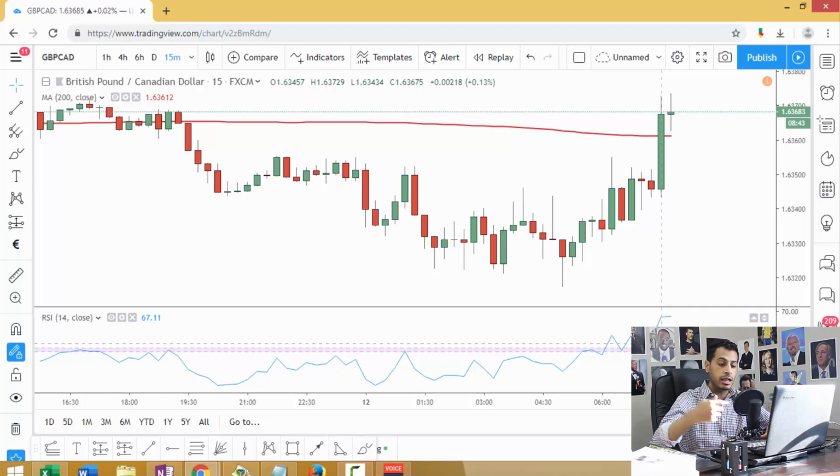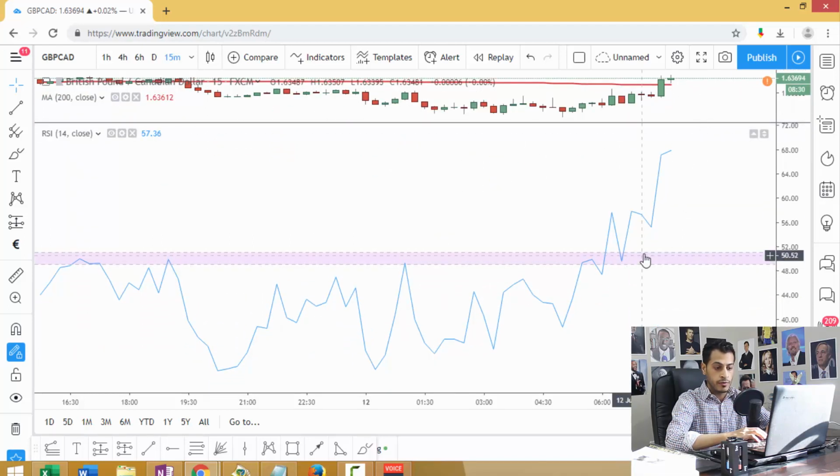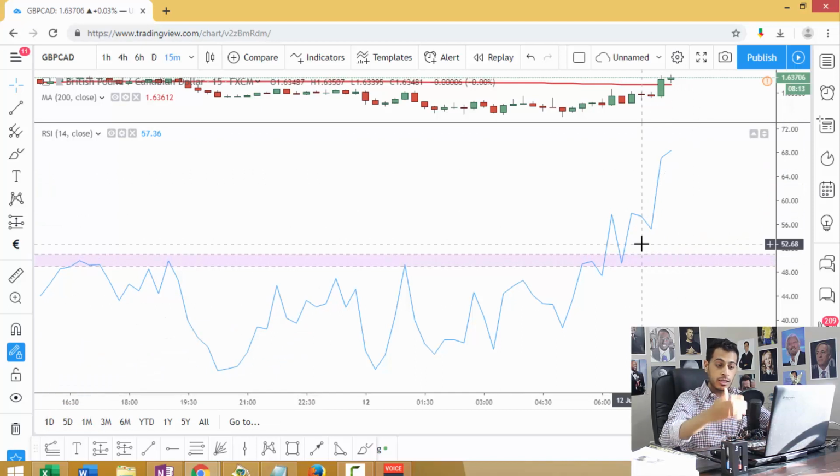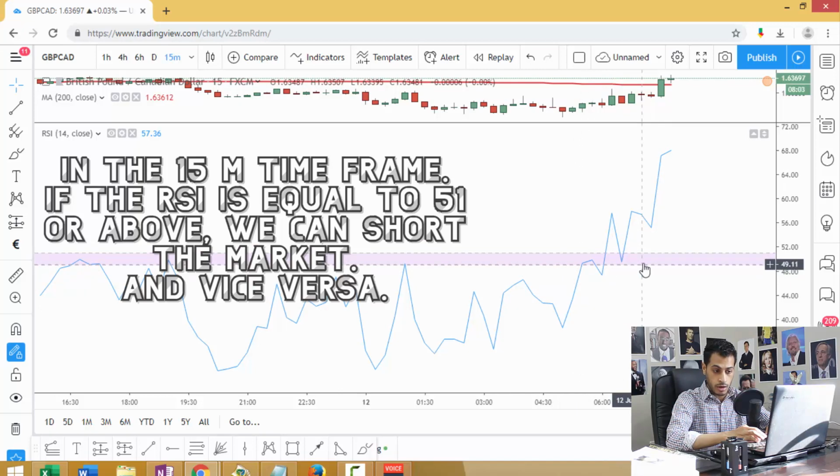We are only allowed to short the market if the RSI in the 15 minutes time frame is 51, which is this line right here, or above it. And vice versa, we are only allowed to buy the market if the RSI is equal to 49, which is this line right here, or below it.